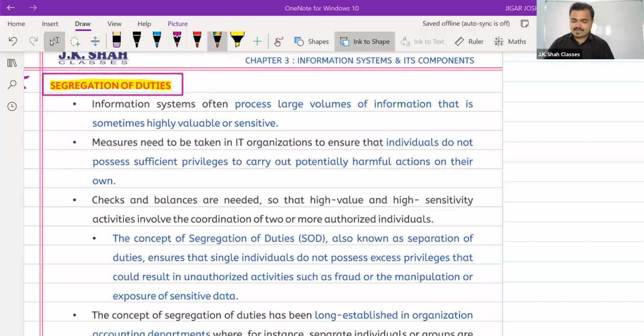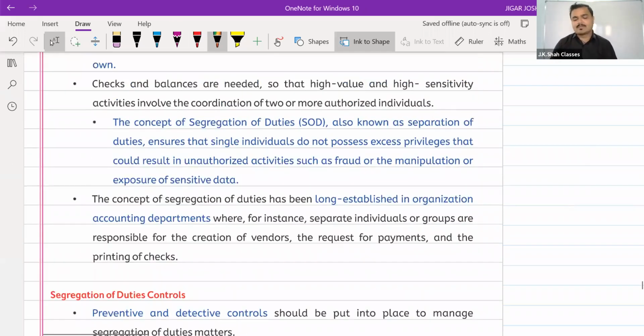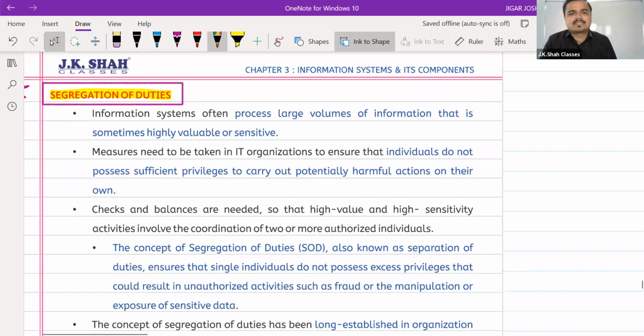Sir, if the cash is kept by one person and the record is kept by another person, then the chances of fraudulent activities are reduced to a great extent. Especially if there are high value or costliest things, then their custody, sir, high value assets should be kept in the custody of at least two people.